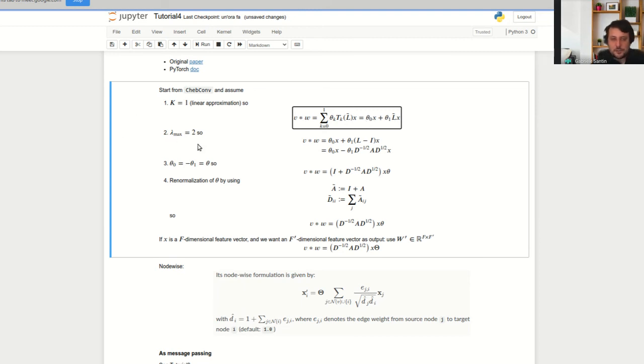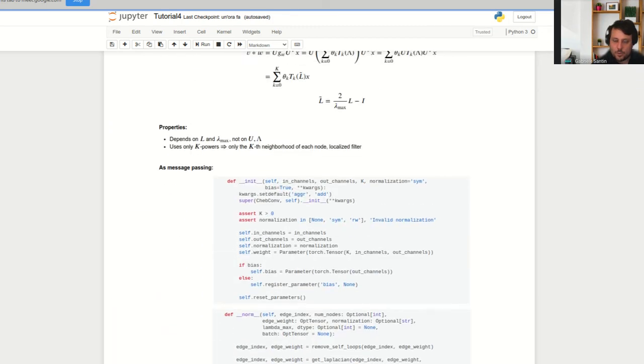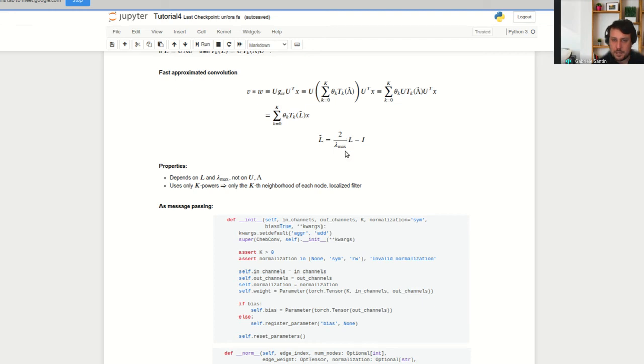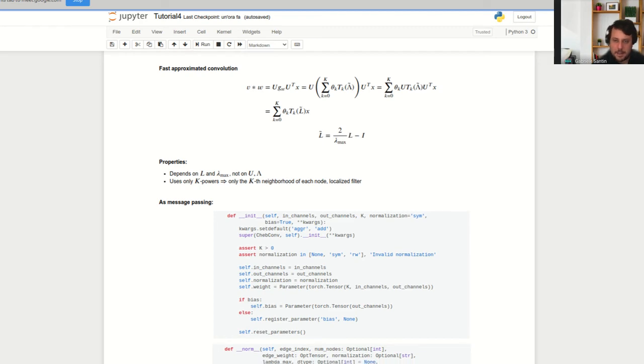The second one is that they assume that the largest eigenvalue is 2, which is just equivalent to a rescaling of the theta weights. So this thing above can be written as this, because our L tilde was defined as 2 divided by the lambda max times L minus identity. So if lambda max is 2, this is just L tilde equal L minus identity, okay?